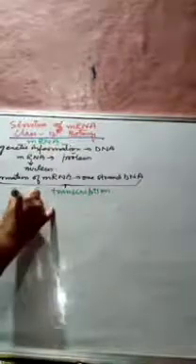This process is called transcription. Transcription is the process of formation of mRNA from one strand of the DNA. We know that the DNA is double-stranded. It has got two strands.